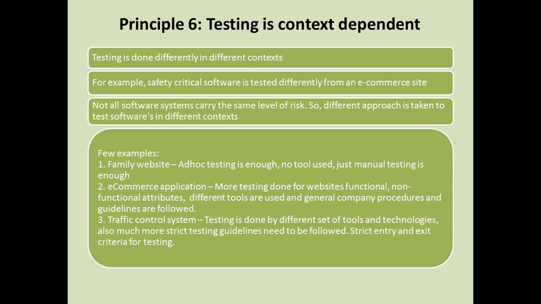If there are failures in the traffic control system, it can cause severe damage to property and life of the people. So principle 6 says testing is context dependent, because software is different. Based on the context for which you are developing or testing the software, the way of testing and the tools that you use will be different.